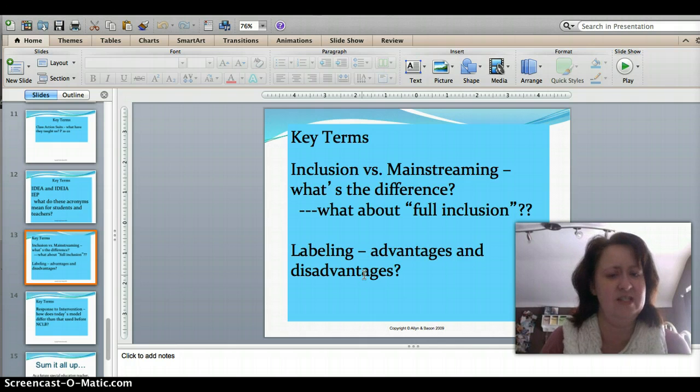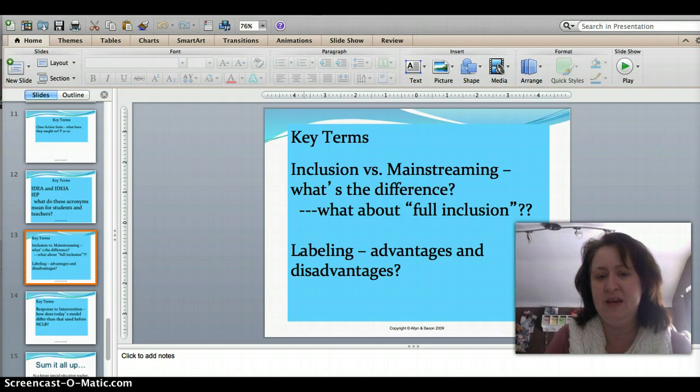The book does a fantastic job of laying out some of the basic arguments, so if you've forgotten that, you'll want to review it before we get to the first test in a few months. The terms inclusion and mainstreaming are often used interchangeably, but they mean very different things, and I want you to be clear on the differences.